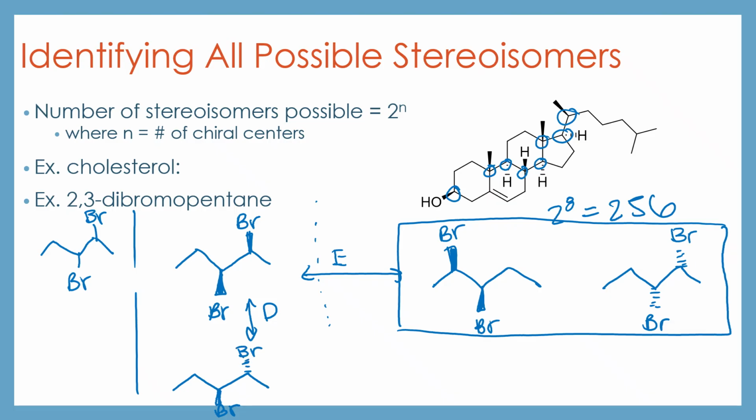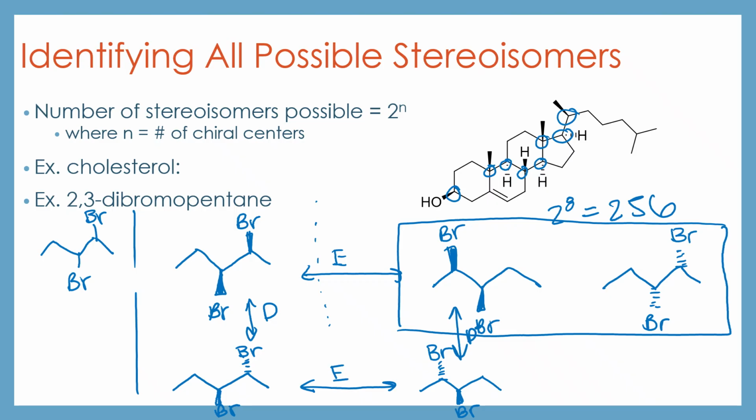Now, this molecule is going to have an enantiomer as well. Let's draw it just like the mirror image. So that would be the enantiomer of that one. This happens to be a diastereomer of the one above.